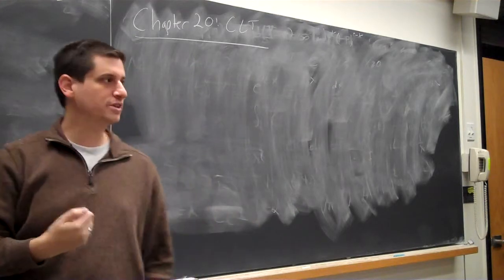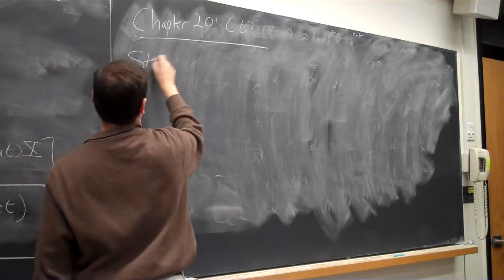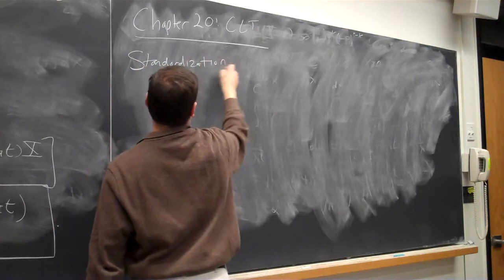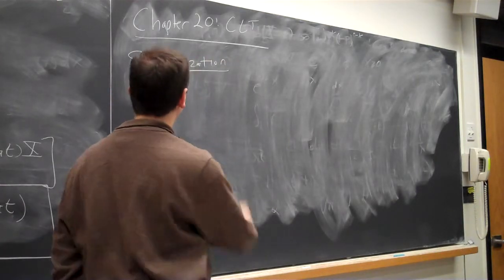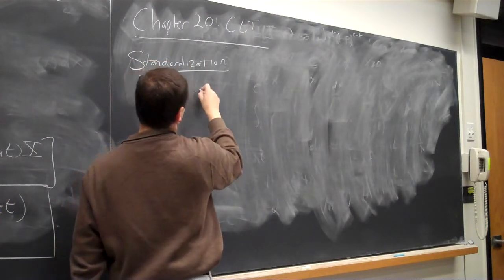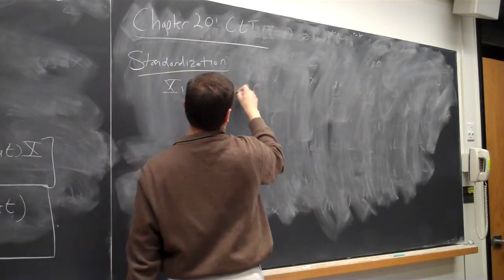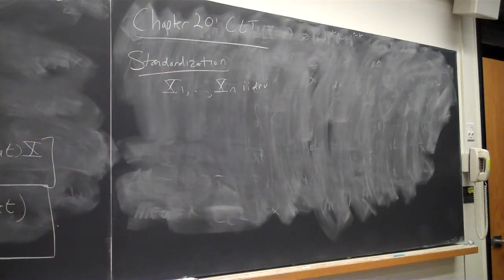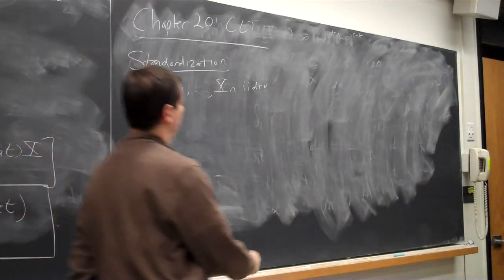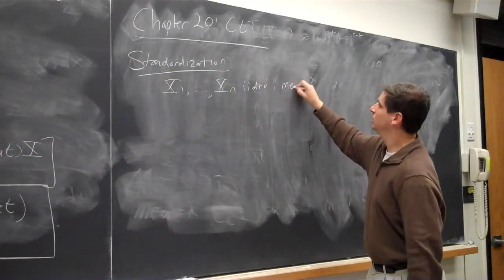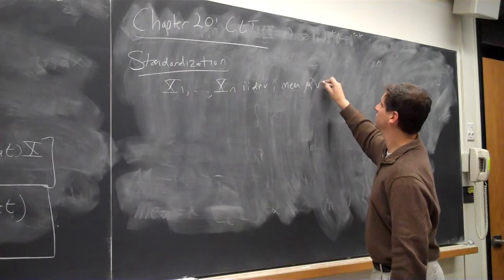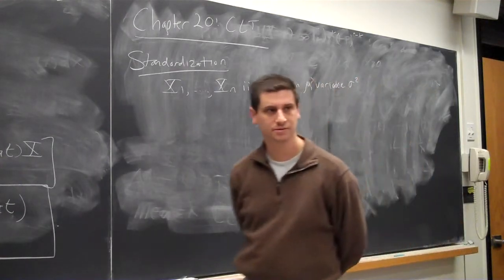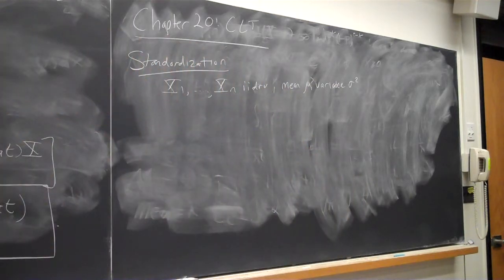Okay, so the first thing is the concept of standardization. So let's imagine we have x1 through xn, i.i.d., independent, identically distributed random variables, say with mean mu and variance sigma squared. Okay?